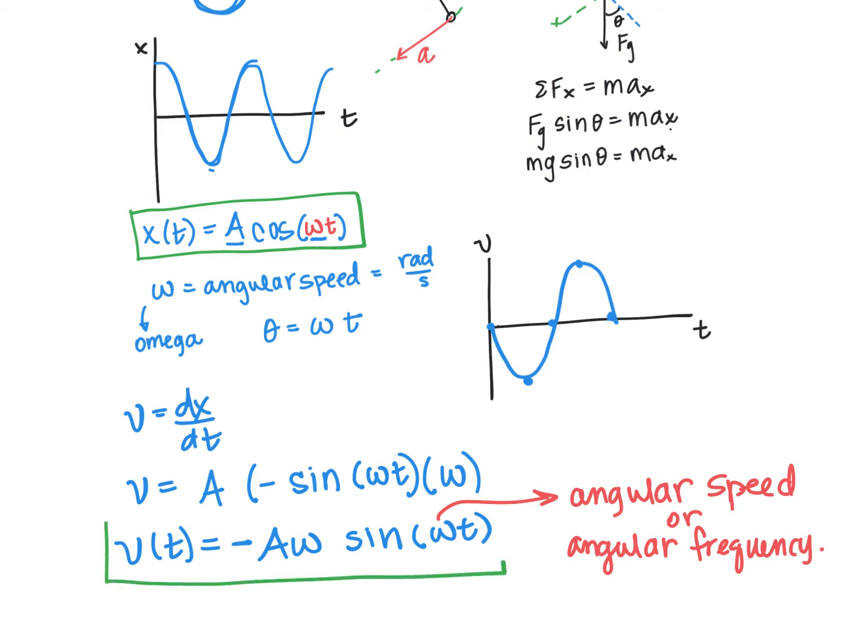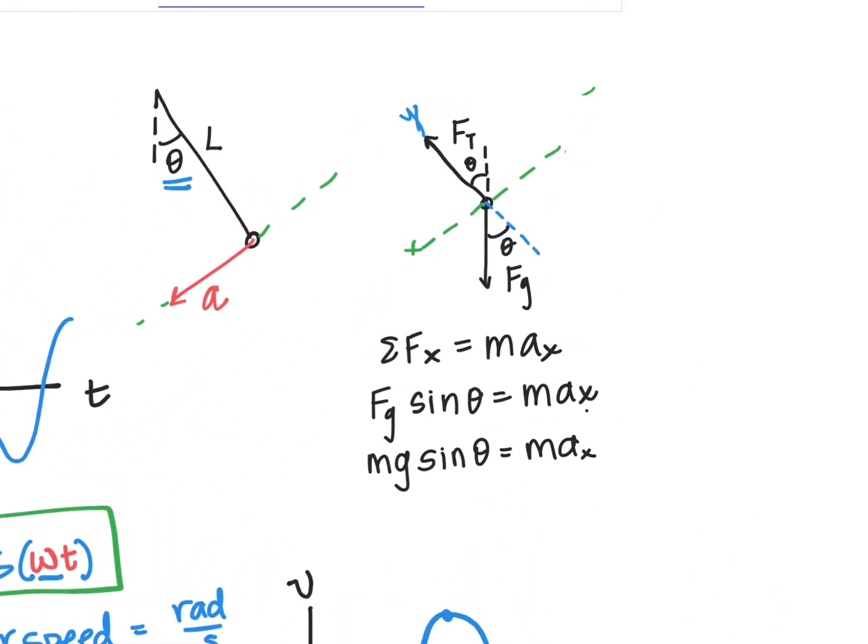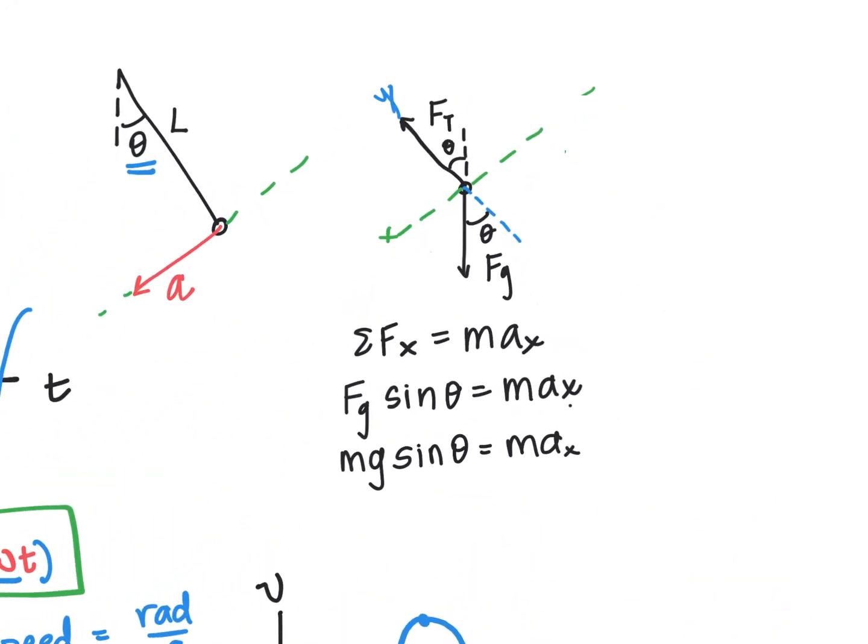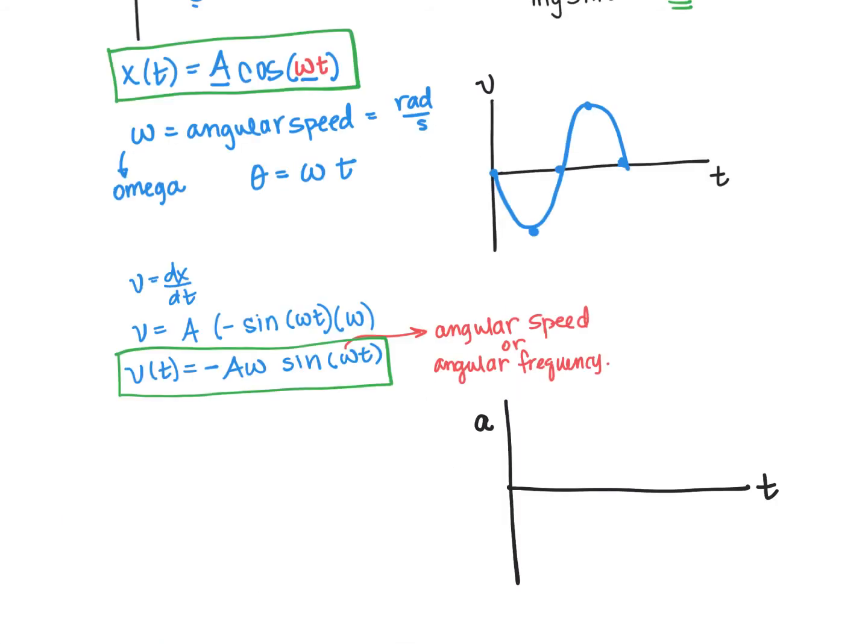Well, I am looking at the free body diagram that we've drawn way up here, and this acceleration is when the object is at the highest point or its maximum position. So I want to figure out, what is that acceleration?